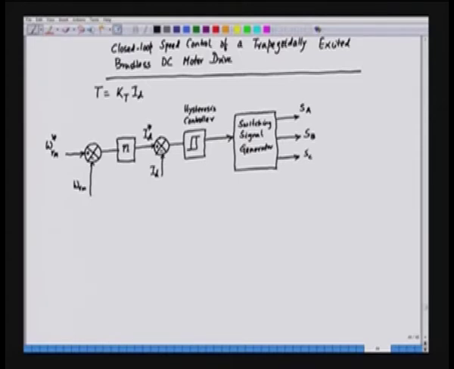The inverter is a voltage source inverter, a VSI, and here we have the DC link VD, and this feeds the BLDC motor.